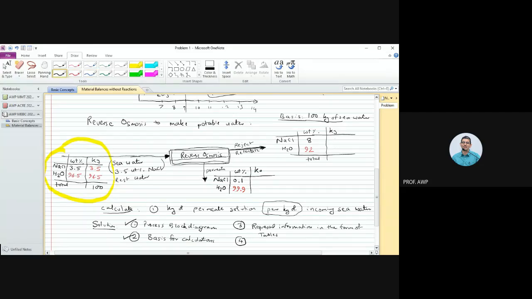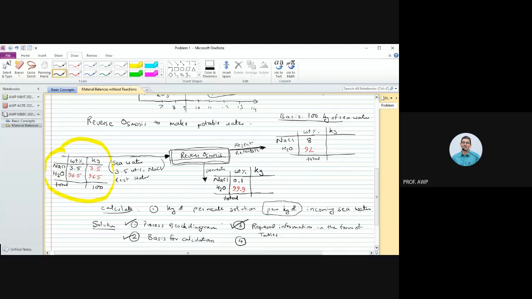In terms of kgs, I don't know anything about the quantities. That's what, in fact, I want to find out. In terms of total, I don't know what it is. Okay. So far, so good. We have represented all the information in the form of tables. Do you agree with this? So far, so good. Yes, sir.